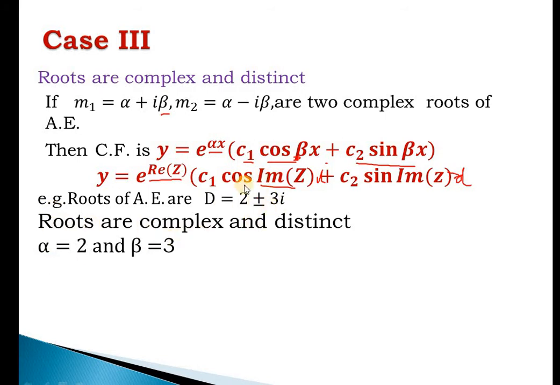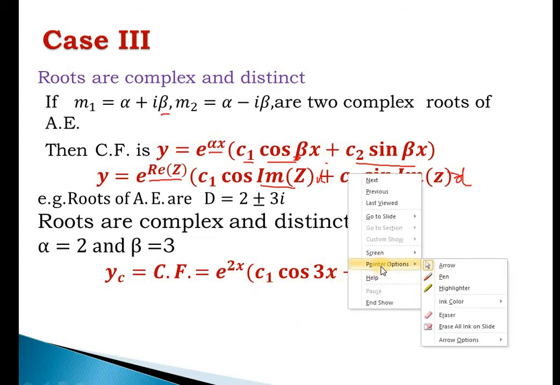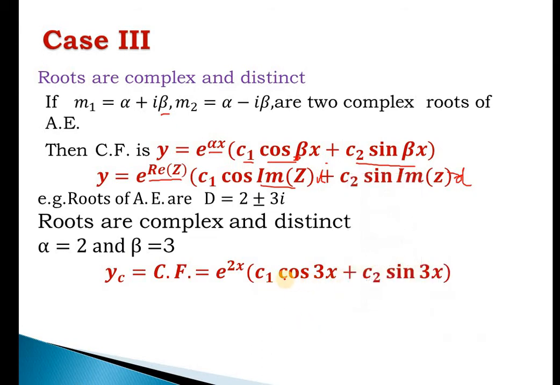For the imaginary part, we forget about the sign; the imaginary part is always positive. It is 3. So therefore here CF is equal to e raised to 2x, into C1 cos of 3x plus C2 sin of 3x.